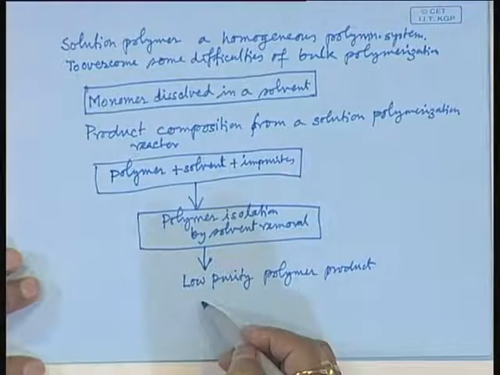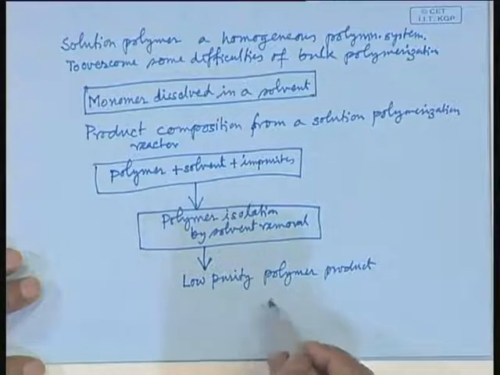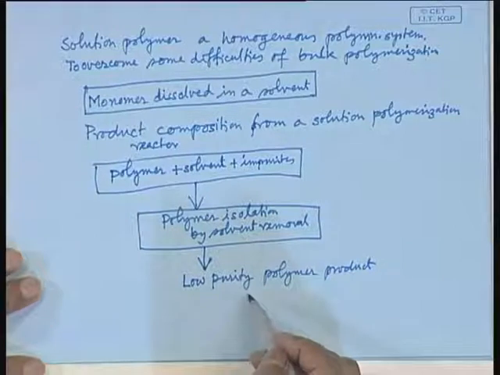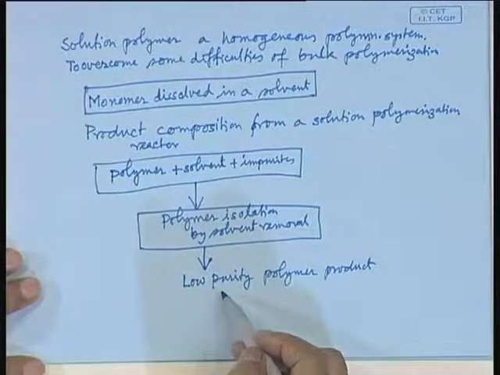If somebody needs very high purity polymer from the solution polymerization technique, that will incur very high cost for purification of the polymer from the solvent. So, cost will be more.